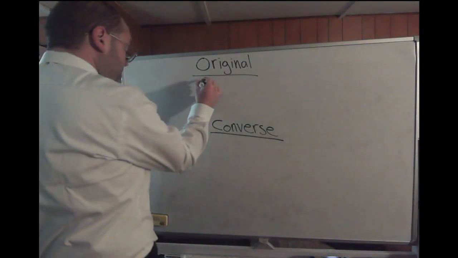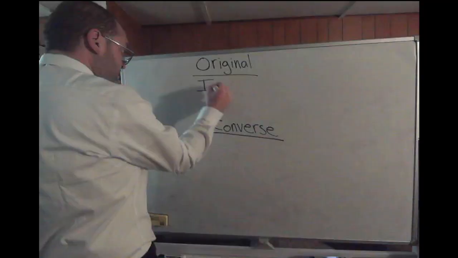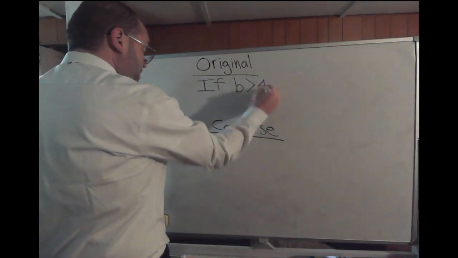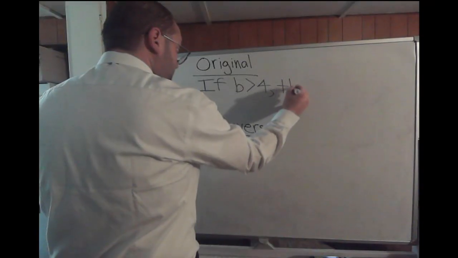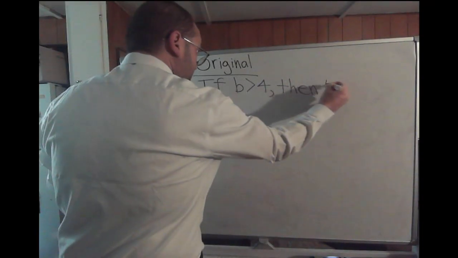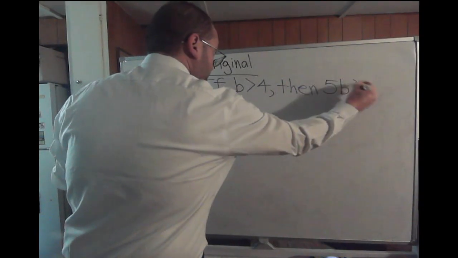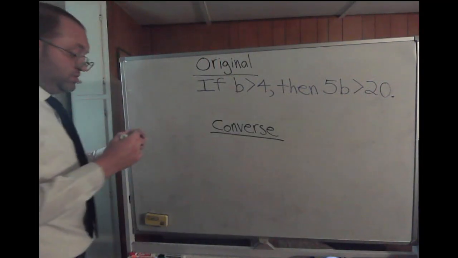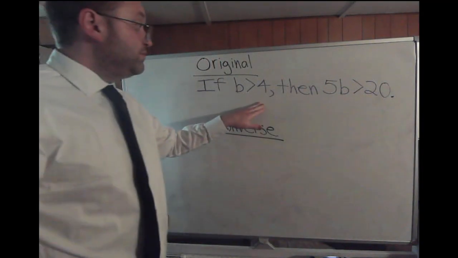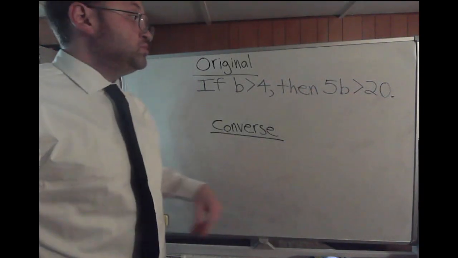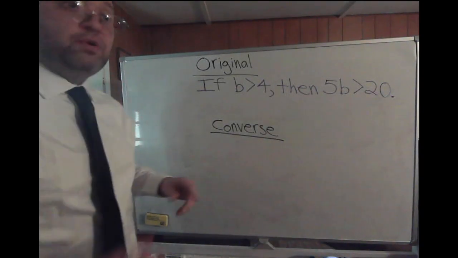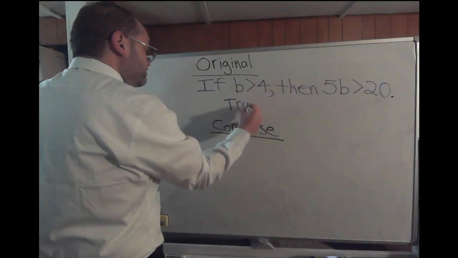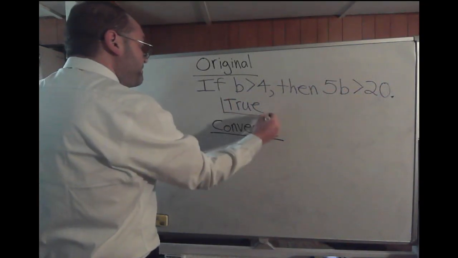Next one. If b is greater than 4, then 5b is greater than 20. So here's the original statement. If b is greater than 4, then 5b is greater than 20. Well, that would absolutely be true. That would totally be a true statement. Okay?